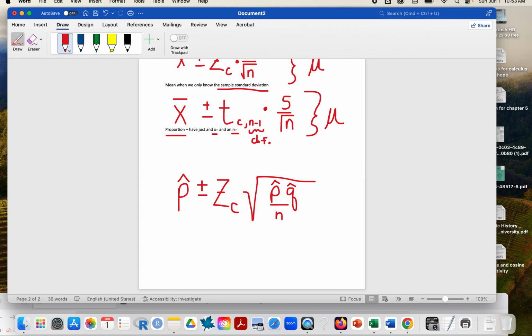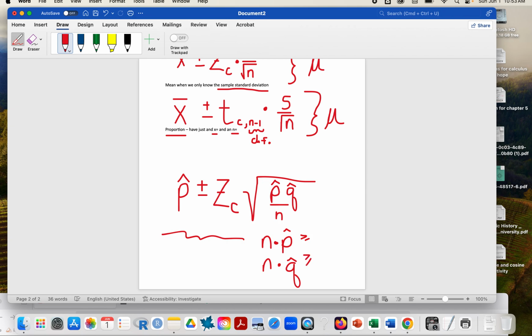And there are things that you have to have happen for this to work. Your n multiplied by p hat and your n multiplied by your q hat are both supposed to be greater than or equal to. Now, let me point something out here.